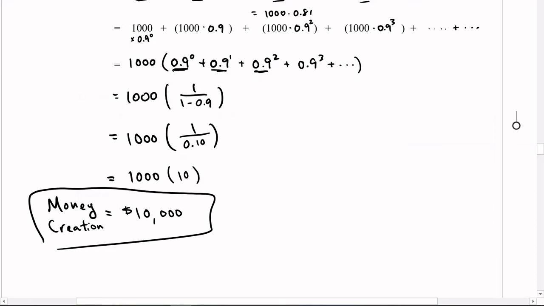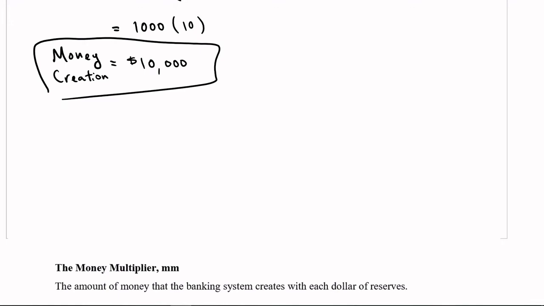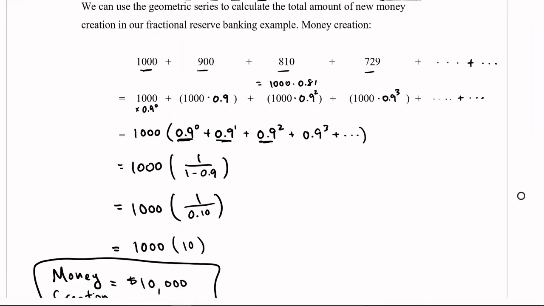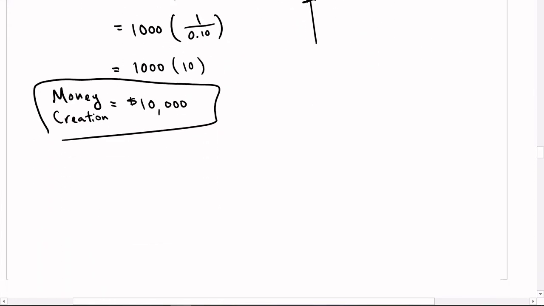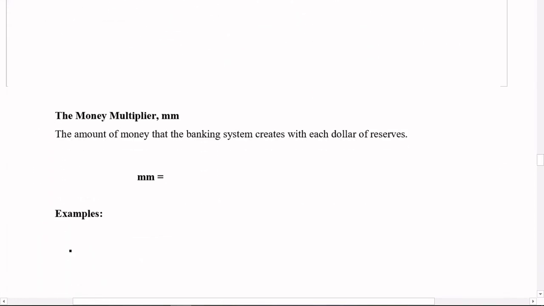Okay, and there's a simpler way to do this. All of this up here just shows you the background on how this becomes possible. But ultimately, if we know the reserve requirement or the reserve ratio, all of this can be calculated through what's called the money multiplier.